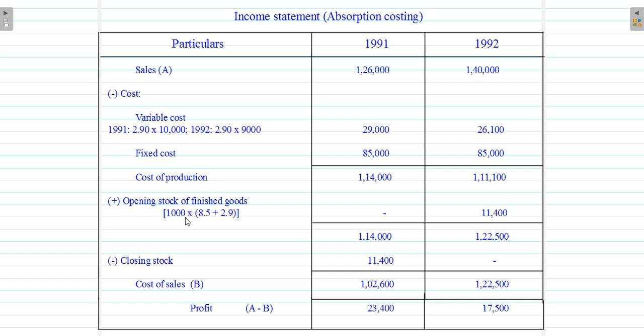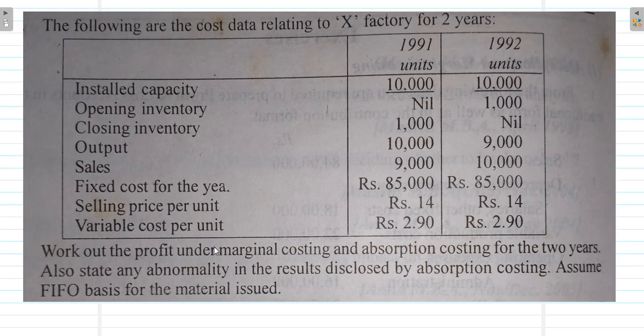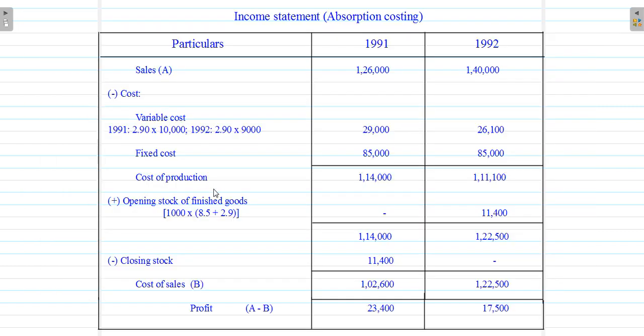Both put together, you multiply it with 1000 units, you get 11,400. You add the opening stock and you deduct the closing stock. Same way, closing stock is also 1000 units. 1000 units into 8.5 plus 2.9, you get 11,400.